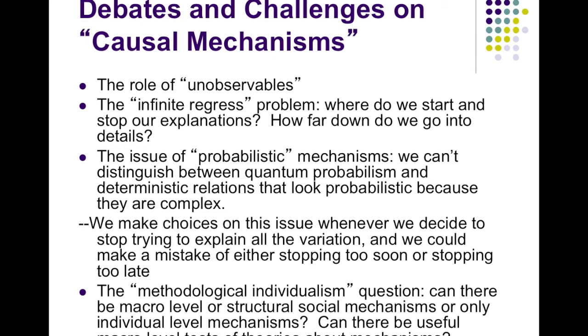This relates also to what we call the question of methodological individualism. And this is, in the social sciences, do we always have to go to the level of the individual to explain phenomena? Or should we go into brain chemistry to explain behavior? Or should we go into subatomic particles to explain brain chemistry to explain behavior? And again, we'll just make pragmatic choices here. In a sense, we hand off the inquiry to other sciences at some point.